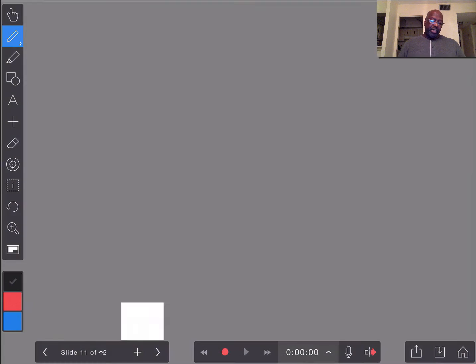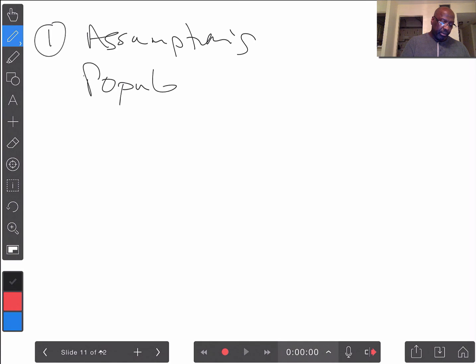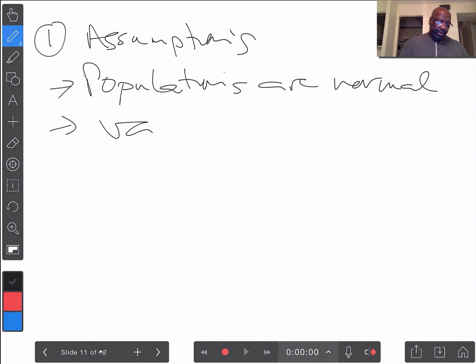A couple quick things I wanted to add to this. One is that assumptions for ANOVA is that populations are normal. Right? Variances are the same.